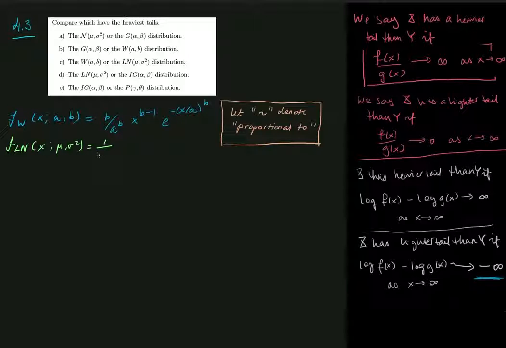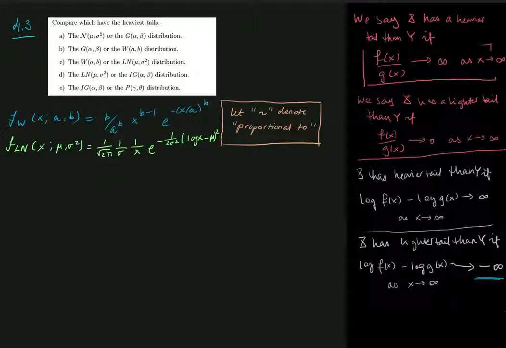1 over the square root of 2 pi multiplied by 1 over sigma multiplied by 1 over x multiplied by e to the minus 1 over 2 sigma squared multiplied by (log x minus mu) squared.